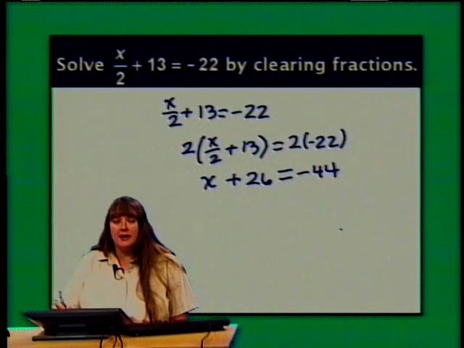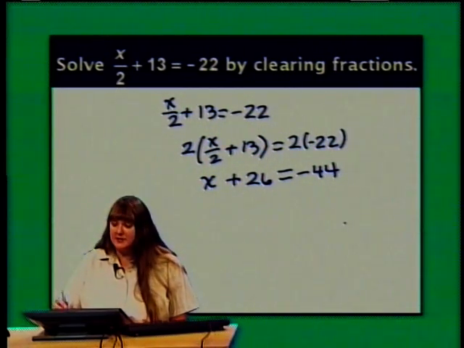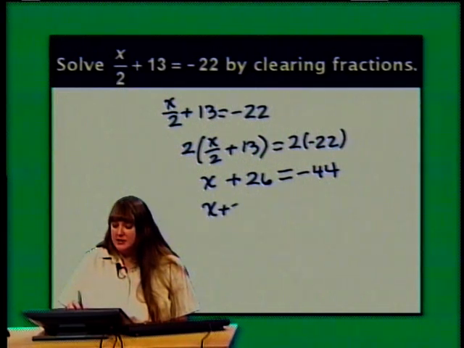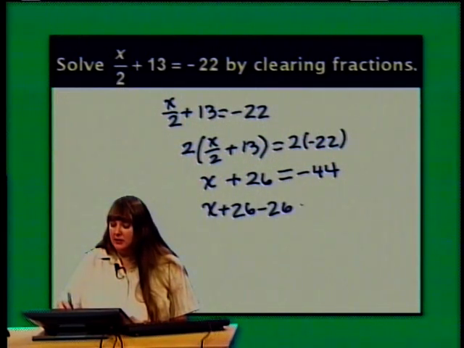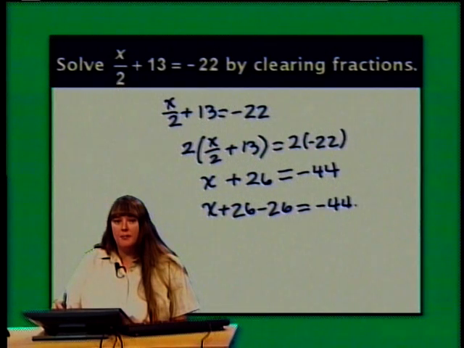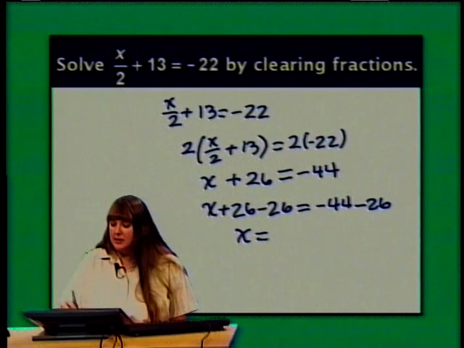Now to isolate x, I'll subtract 26 from both sides of the equation. x plus 26 minus 26 equals negative 44 minus 26. Simplifying, I have x equals negative 70.